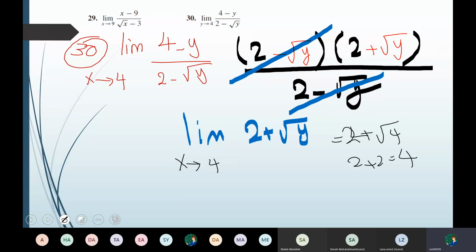So now I can compute the limit if we have a radical form. Is it clear now? Yes, teacher.